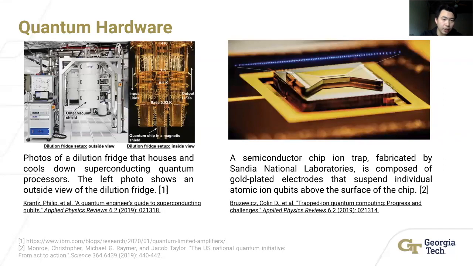The superconducting chip's 2-level system is introduced by replacing the inductor in the LC circuit with a Josephson junction, introducing anharmonicity to the system, so that you can go from a harmonic oscillator to an anharmonic oscillator. And you use the ground state as 0 and the first excited state as 1.